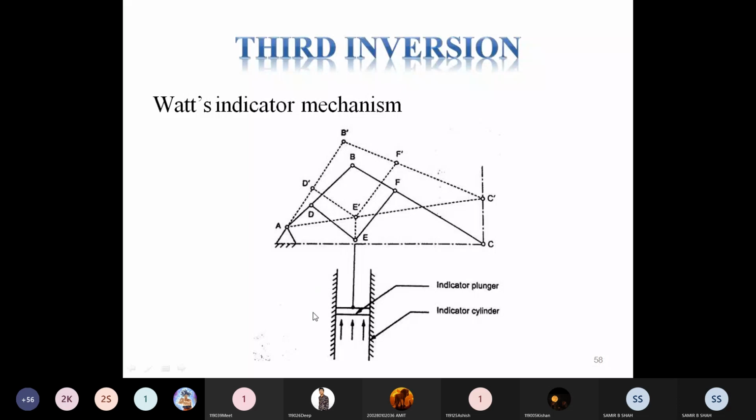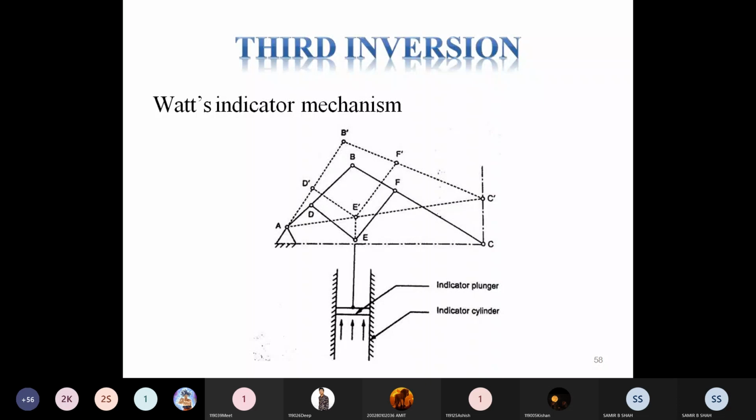At that time, the whole mechanism behaves this way: A, B dash, F dash, C dash, with A, where the intermediate point is E dash. The tracing point at the end of the link traces out, as you can see here, an approximately straight line motion.